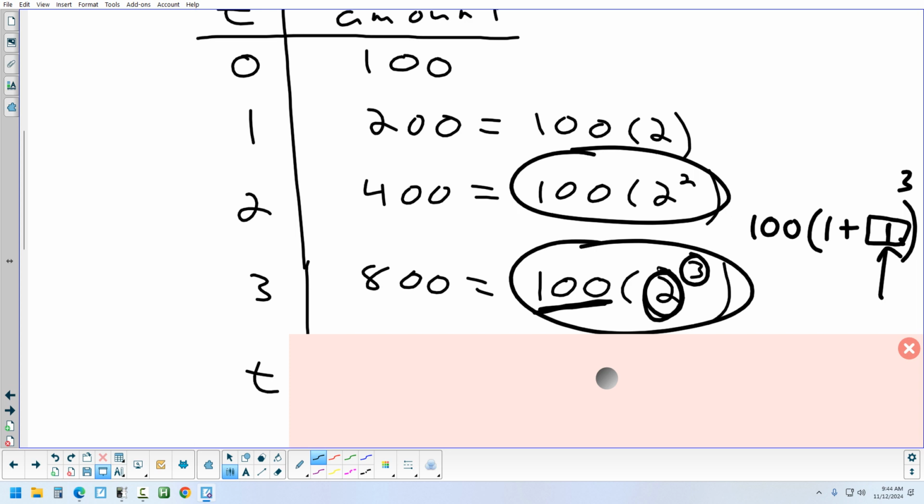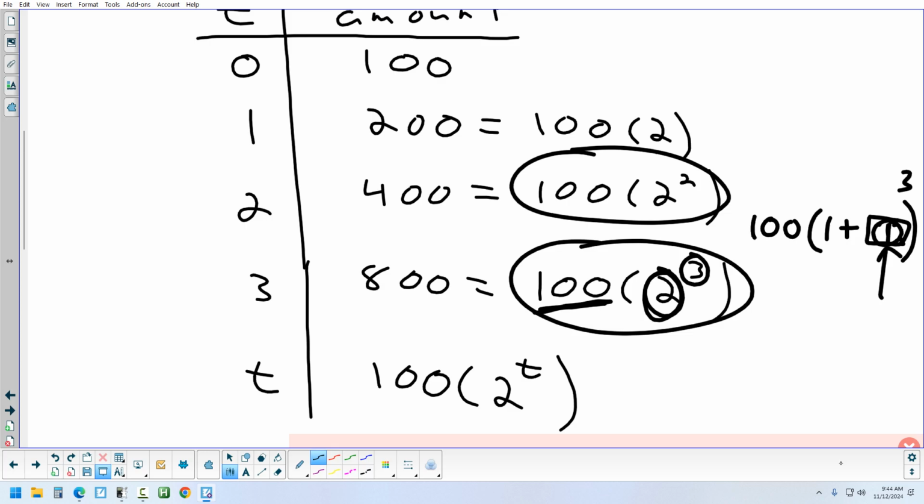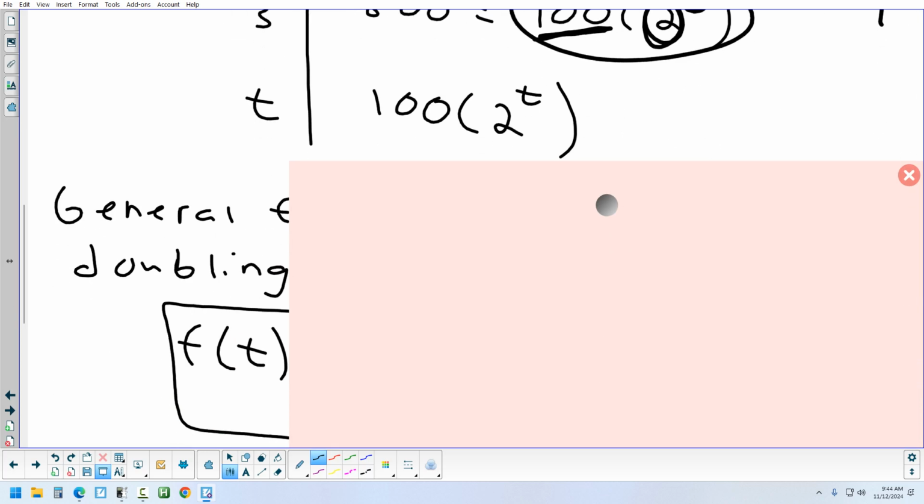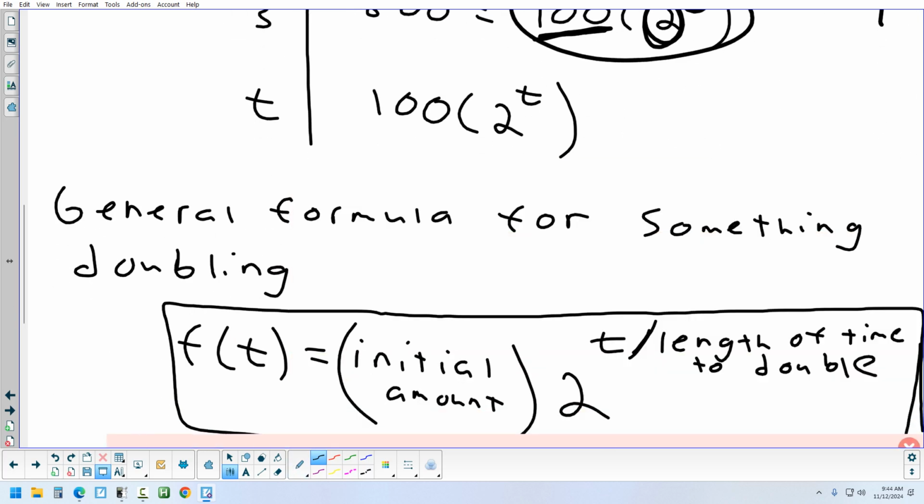If that number was a 3, that would mean it was tripling. And that means this number right here would be a 2. So if something's increasing at 200%, that's tripling. 100% is doubling. So that's the formula in our problem, specifically for something doubling. In general, that's the formula for something doubling.